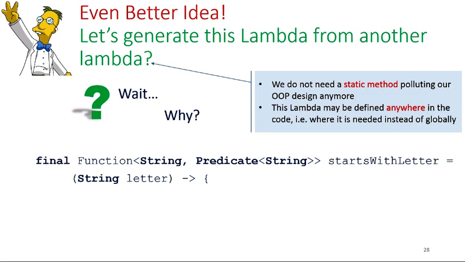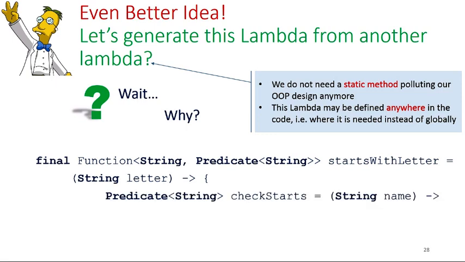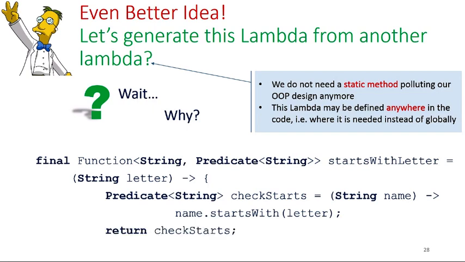So here's my parameter, a string letter, okay? And then what I return here, I'm going to store temporarily in a variable, check start. So I'm going to return a predicate of string. So that's the type of check start. Here's my predicate. Take a string, name, and then test if it starts with the letter, okay? And then return check start. And then the rest is just closing the curly brace, okay?